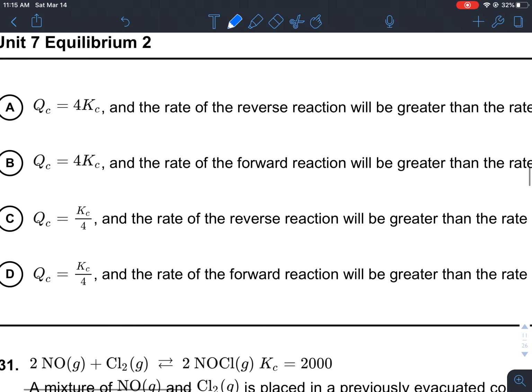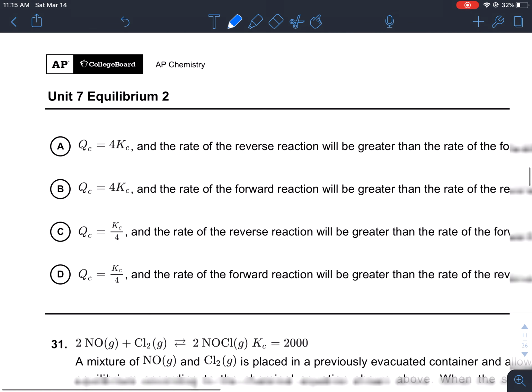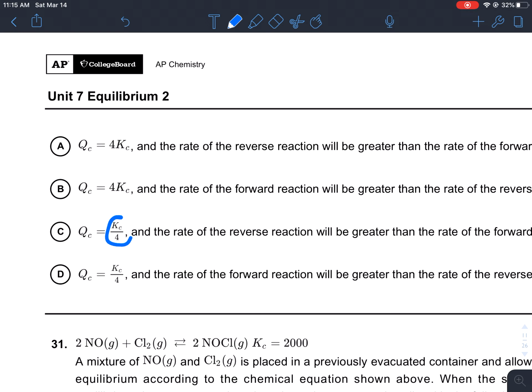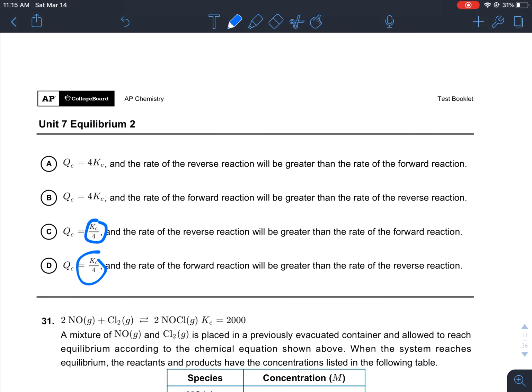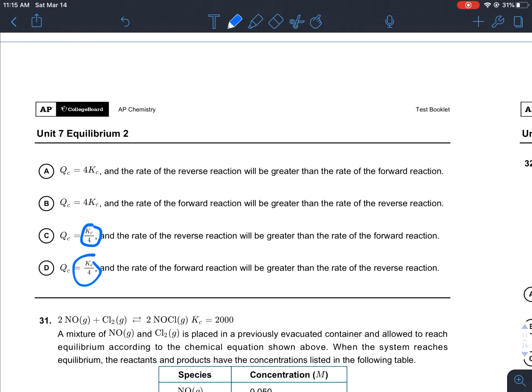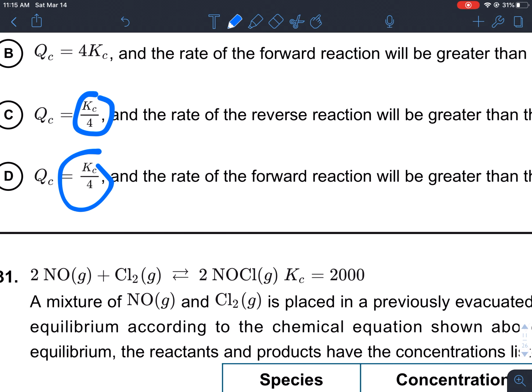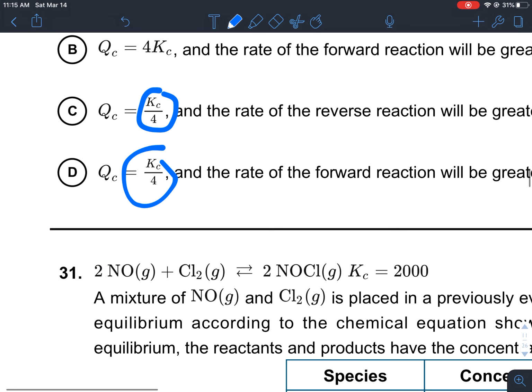The answer, it's either this or this. Let's read them real quick. The Q is less than Kc and the rate of the reverse reaction will be greater than the rate of the forward reaction. Remember, K is products over reactants. So now this is incorrect. C is incorrect.